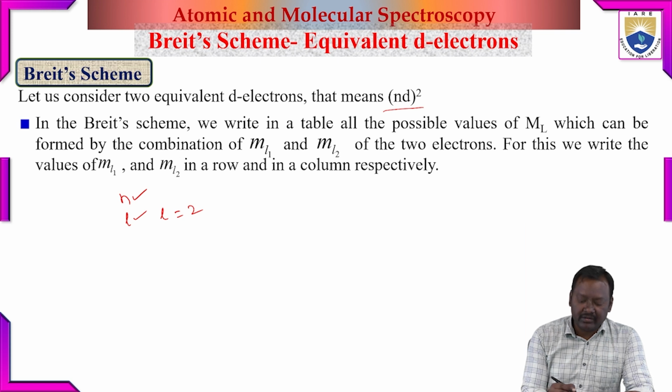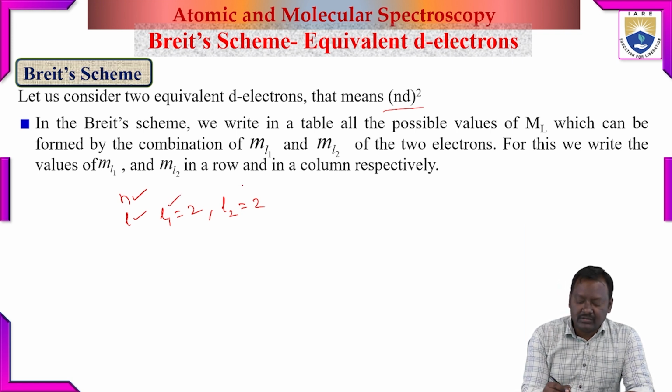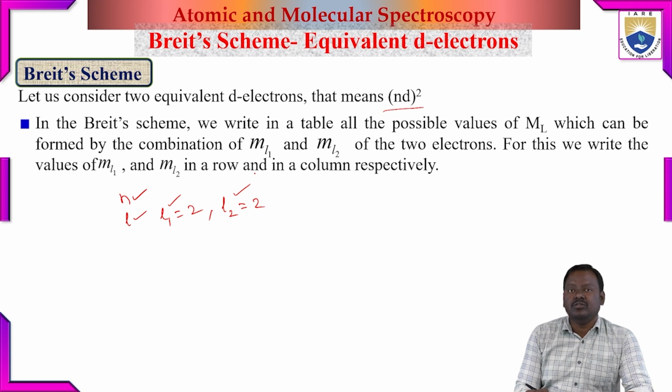As there are two electrons, for the first electron L1 is equal to 2, and for the second electron L2 is also 2. So those two electrons are in the same subshell d.